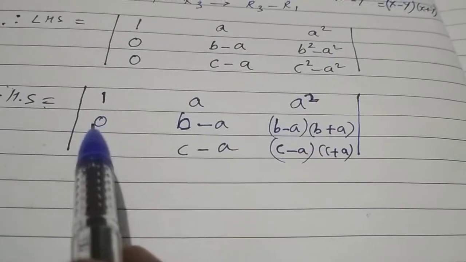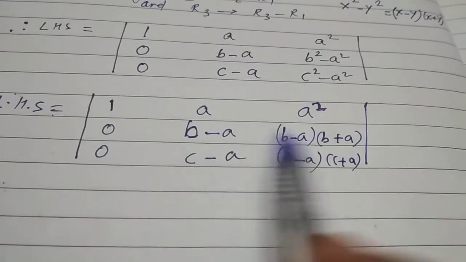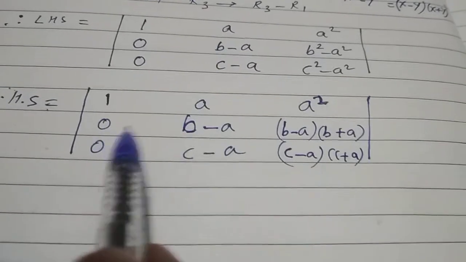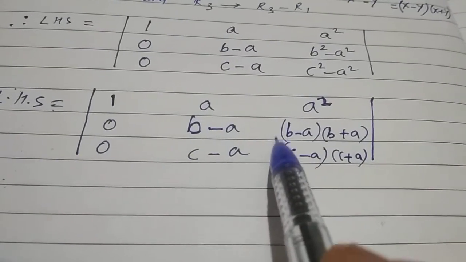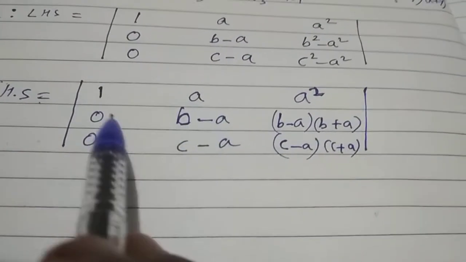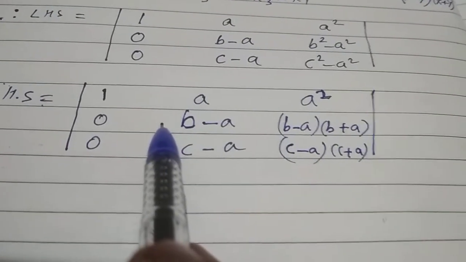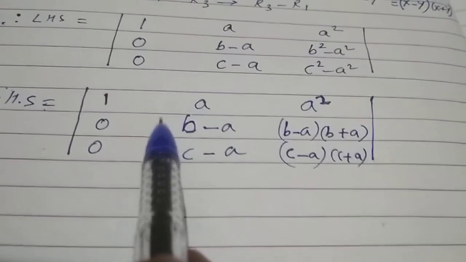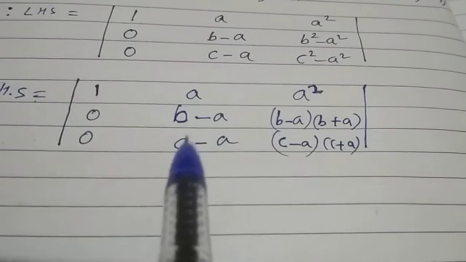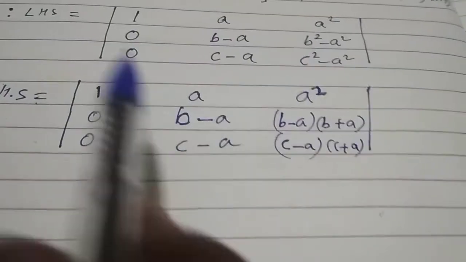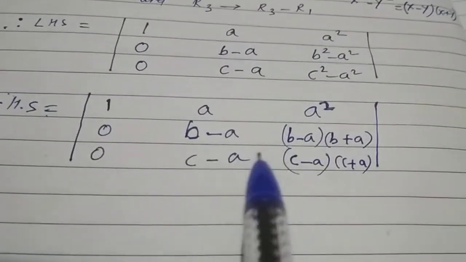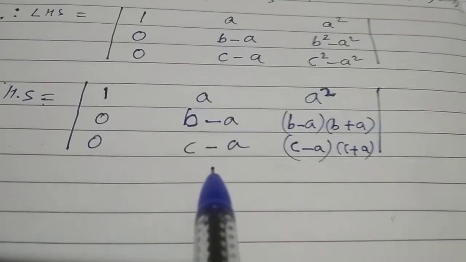Now in this particular row, we have a common factor b minus a. So I am dividing this row by b minus a, which means I am dividing the whole determinant by b minus a. It will change the value, so I have to multiply outside to balance the value. Similarly for c minus a.